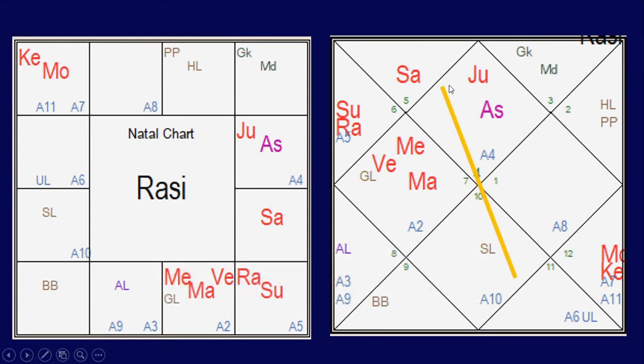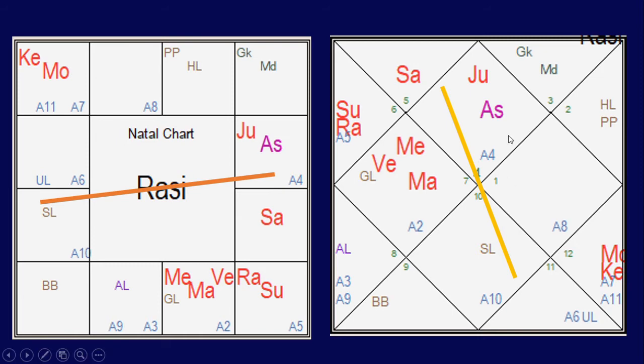If this is your ascendant degree, or your rising point degree, similarly the exactly opposite point is your sunset degree.